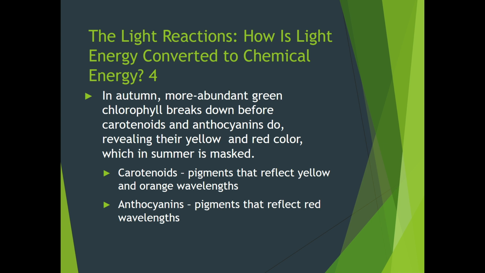So it's the pigments that reflect yellow and orange wavelengths, or the ones that reflect red to purple wavelengths, that are left over in dying leaves, whereas the chlorophyll that reflects anywhere from yellow to green pigments breaks down quicker. So that's when we see leaves change color in the fall, because the chlorophyll is degrading, and what lasts longer are the accessory pigments.